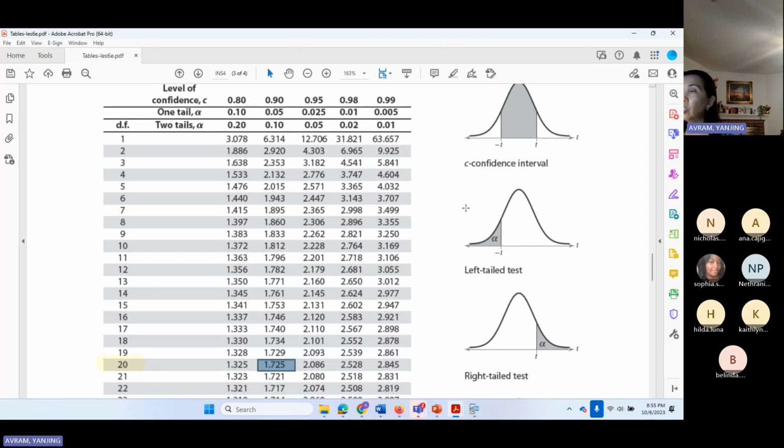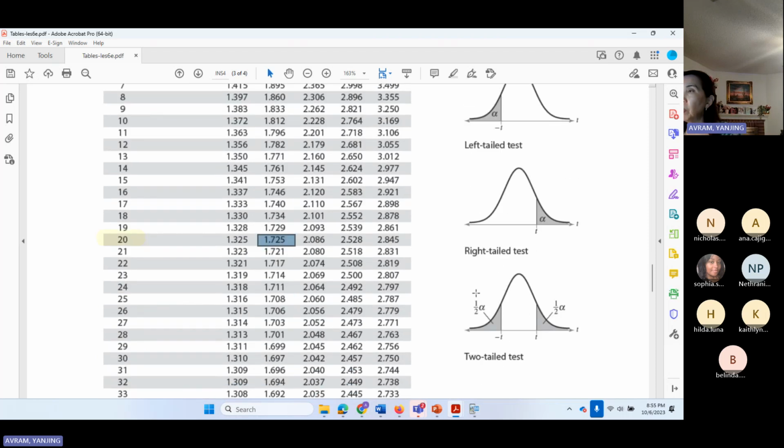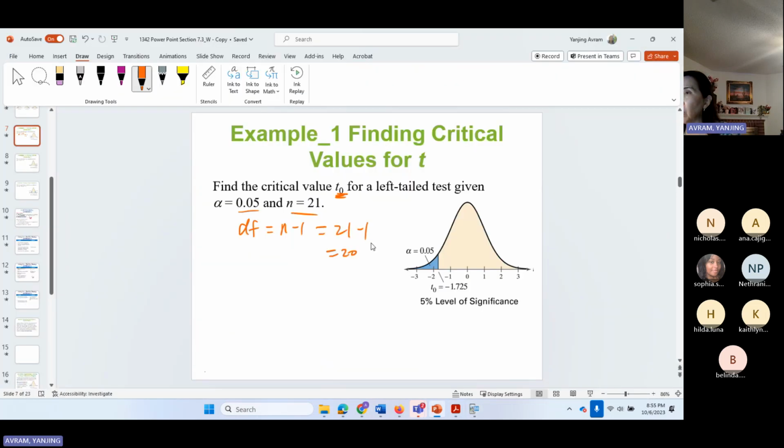Unlike the Z table, which gives you the negative Z score, the T table always gives you the positive value. So if you know you have a left tail test like the one we have here, you have to add a negative on your own, because if you read the T table, it's all positive.